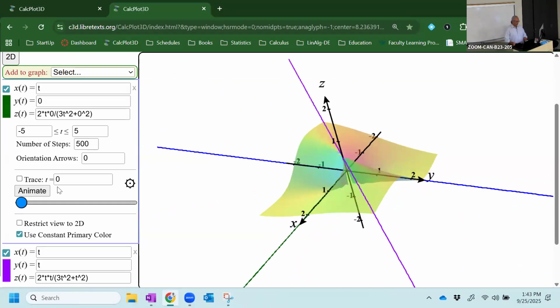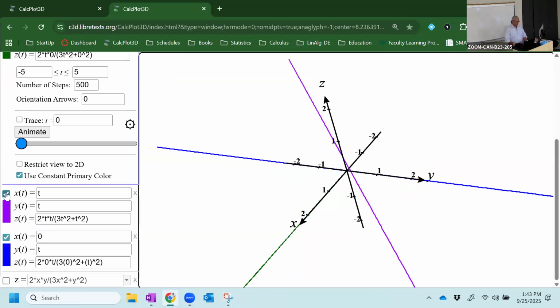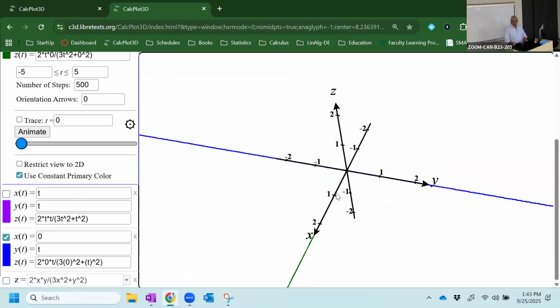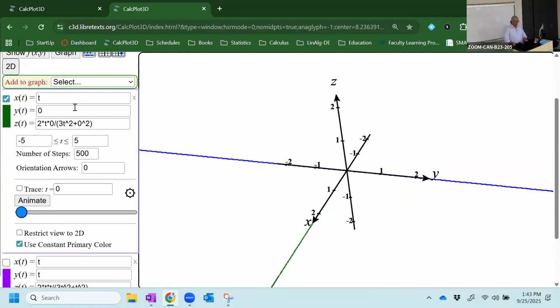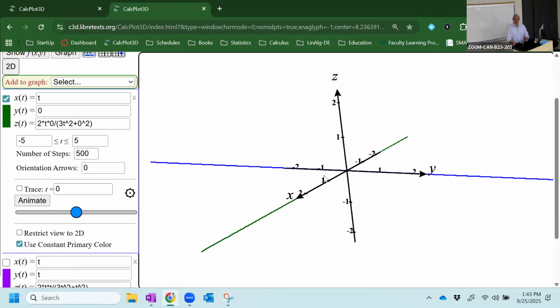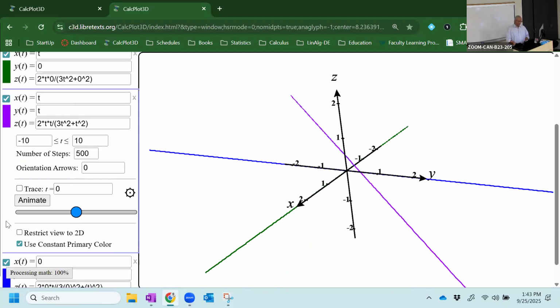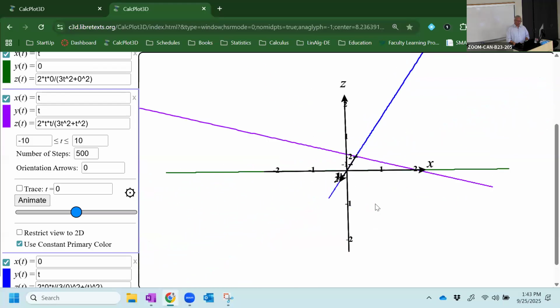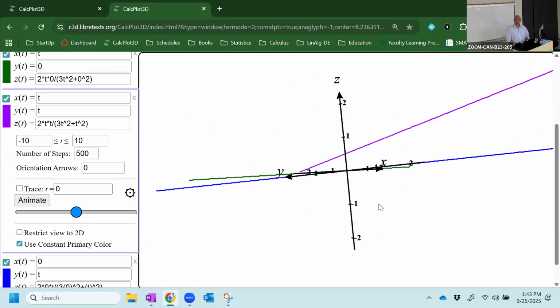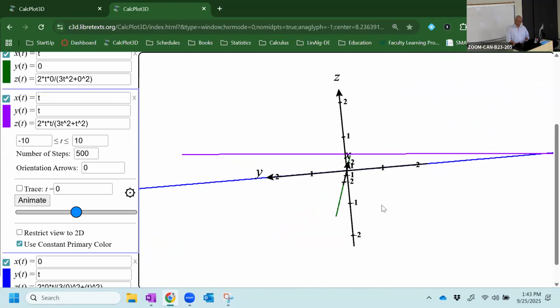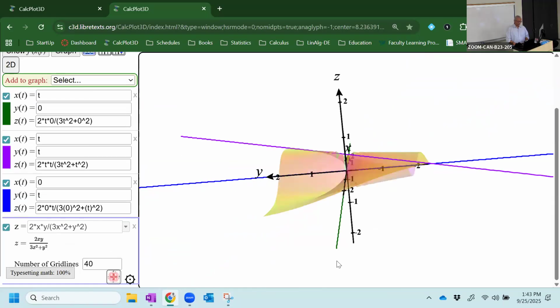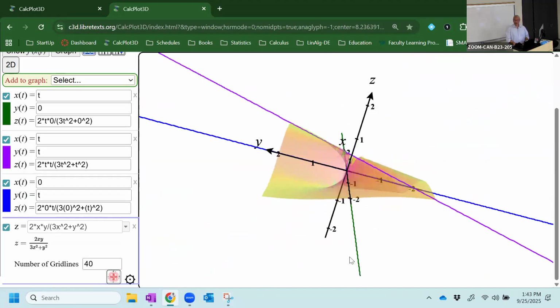So if I took a look at these two graphs, these two graphs look like they actually intersect at the origin. There we go. They actually intersect at the origin, so it looks like the limit might exist there, right? But if I throw in my other graph, then I see that the other graph is not meeting at the origin like the others. That's because the function itself doesn't have that limit. The limit doesn't exist.